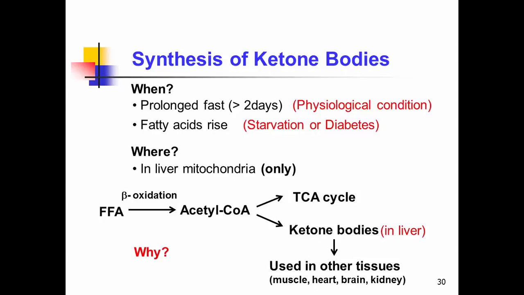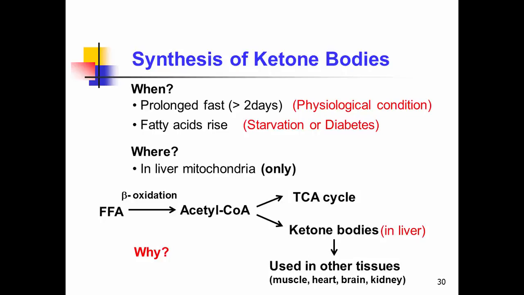So a lot of fatty acids go to the muscle and other tissues to be directly oxidized and used for ATP production. But some of the fatty acids, like 1/3 of the fatty acids released from fat tissue, go to the liver for ketogenesis.